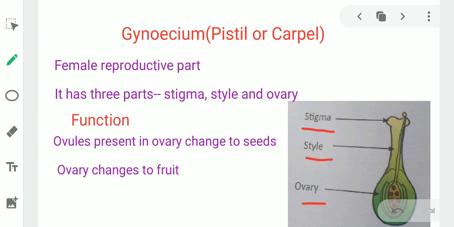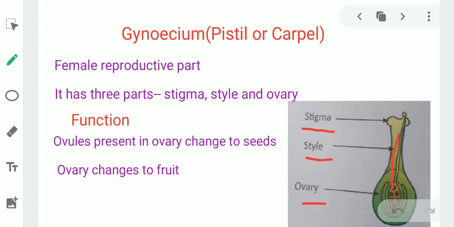It is a swollen part. Style is a tube-like structure. Stigma is a bulb-like structure. Pollen grains fall on stigma. Stigma traps pollen grains. Then pollen grains pass through style and reach the ovary.